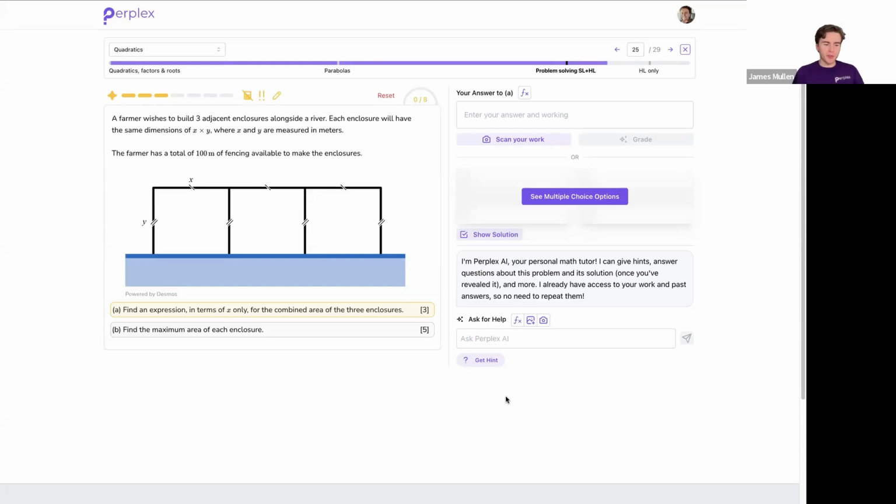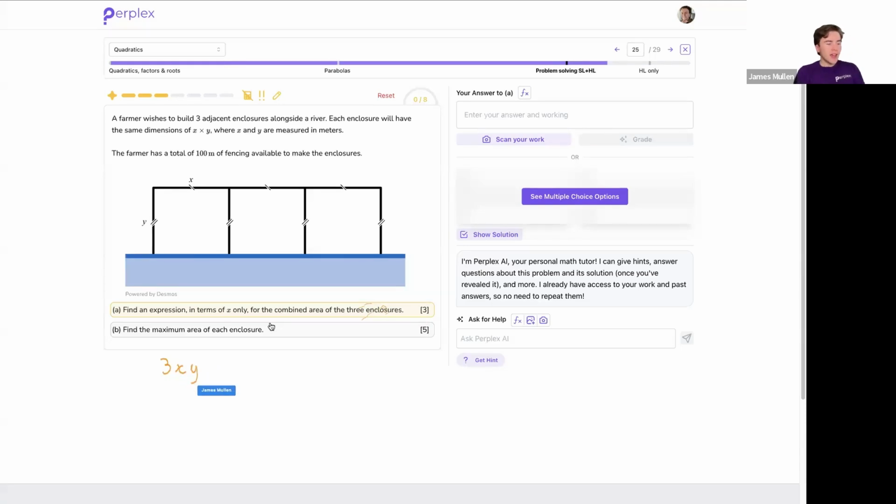And the first thing that we want to do is try and express the area for all 3 enclosures in terms of x alone. So we can pretty quickly notice that the area of each enclosure is just going to be x times y, because these are all rectangles. And so if I have 3 of these enclosures, the total area is going to be 3xy.